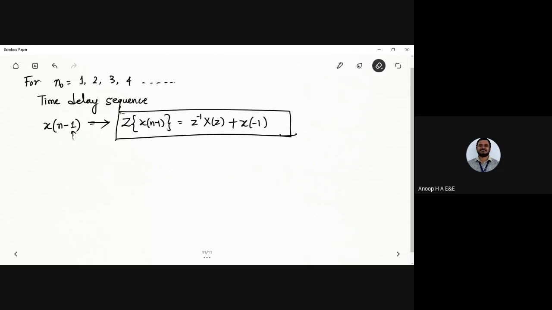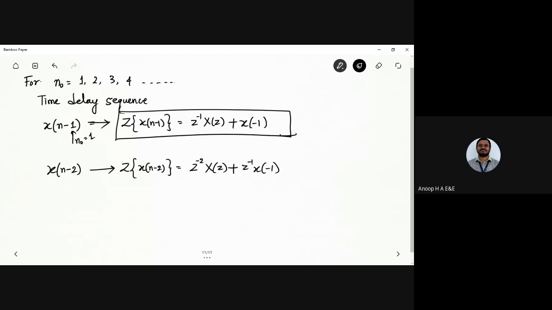So let me erase it. Next, x of n minus 2, that is the Z transform of x of n minus 2. How can I write it? Z power minus 2 X of Z plus Z inverse x of minus 1 plus x of minus 2. Next, x of n minus 3, that is the Z transform of x of n minus 3.